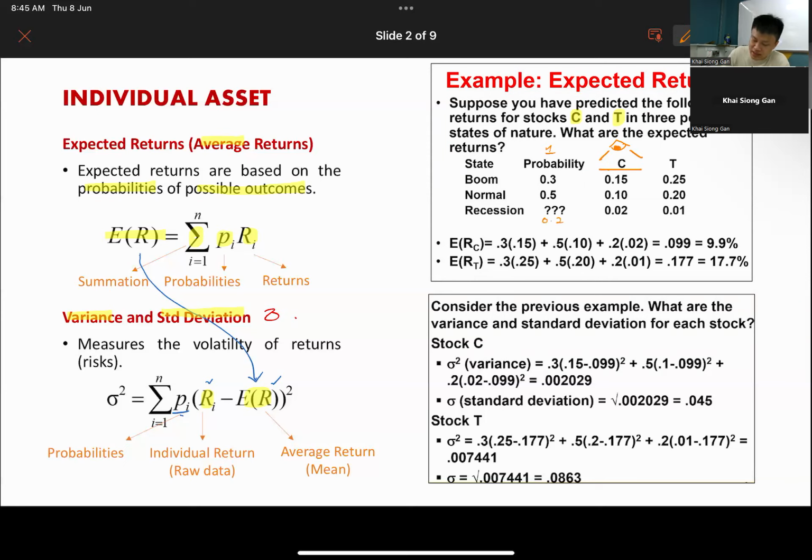So 20% is in the recession state. Then you have the returns on the asset itself. So I'm just going to times each other. 0.3 times 0.15, 0.5 times 0.1, 0.2 times 0.02, and that's how I get 9.9%, or you can call it 0.099.